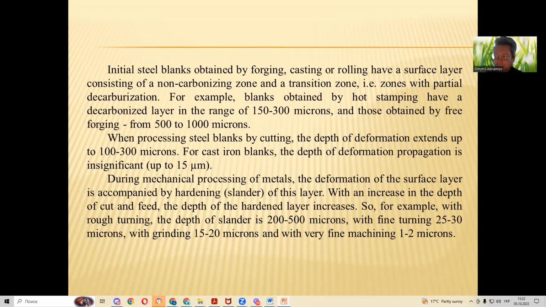With fine turning, from 25 to 30 microns. With grinding, 15 or 20 microns, and with very fine machining, from 1 to 2 microns. It's the depth of the hardened layer.